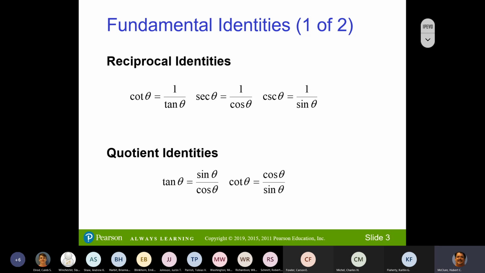So I would not suggest you memorize them. I would suggest that you learn them. Okay, I hate to say memorize, because that means after the test you forget them. I don't want you to forget them, because you're going to see them over and over again. Okay, especially if you go into calculus.